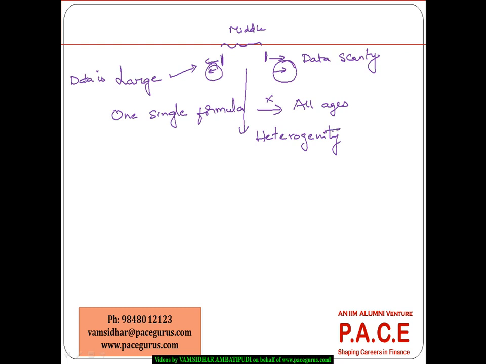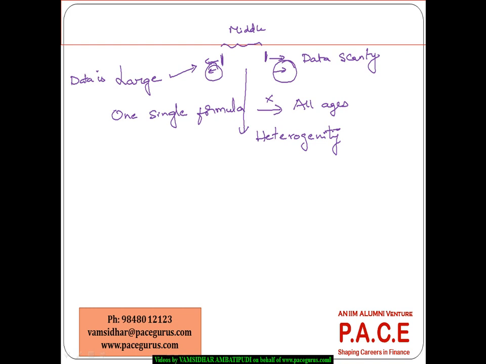And because of all these reasons, whatever age group I have taken for the fitting of the formula may not be easily extendable because of these changes in the mortality rates or heterogeneities occurring across the different age groups.